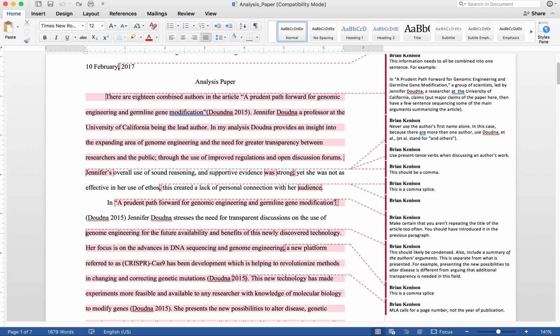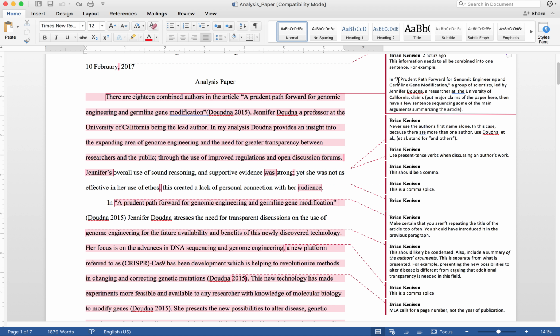And so here we have that information spread out through about three sentences. And really that information needs to be compacted into one sentence. And so I've given a suggestion over here of one way to do that.